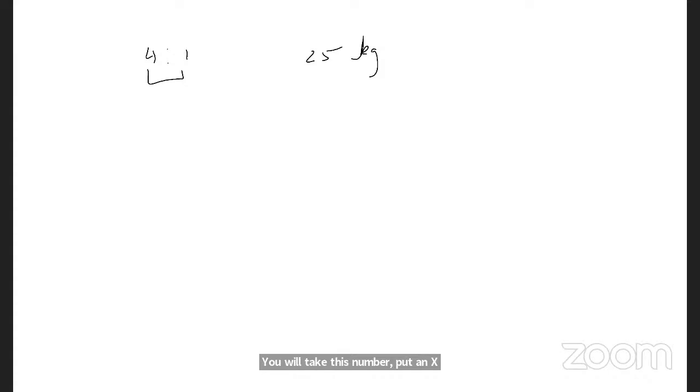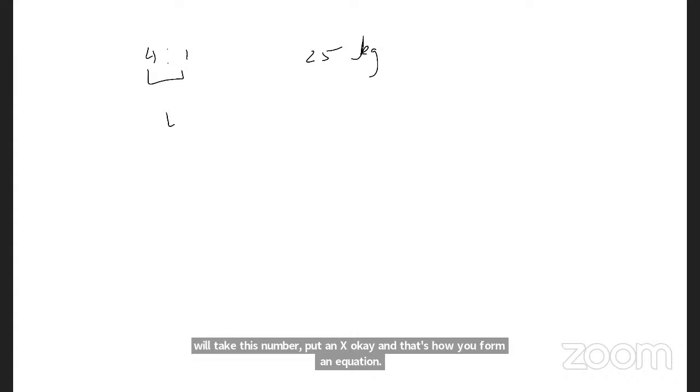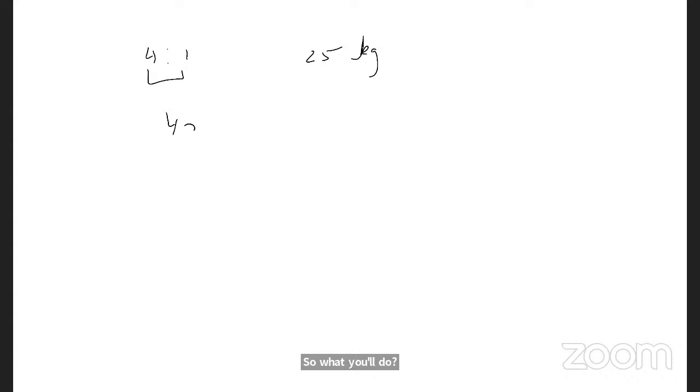So we'll form this equation like this: 4x plus x. We don't write 1x, because when only x is written, it means that it has a value of 1.